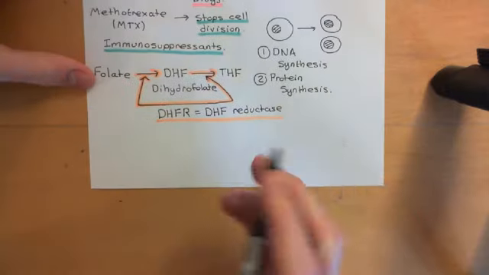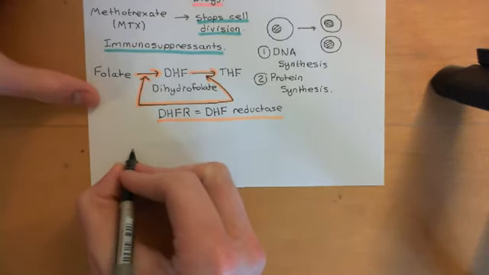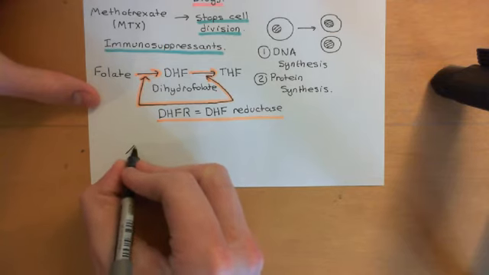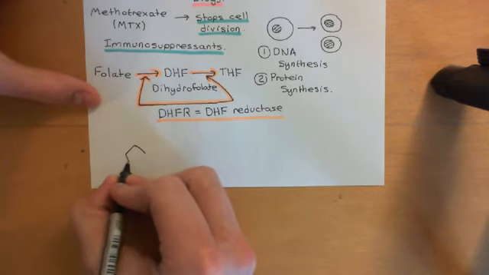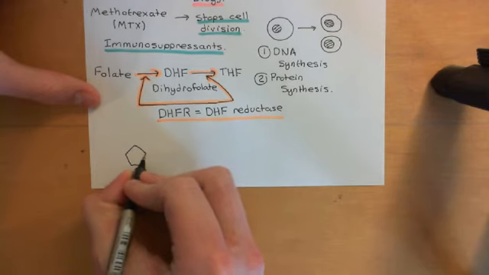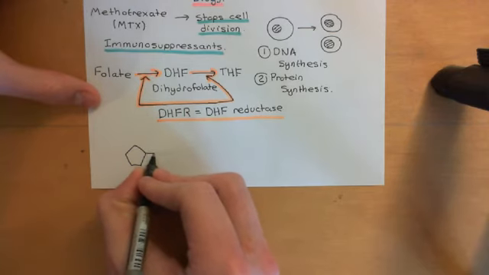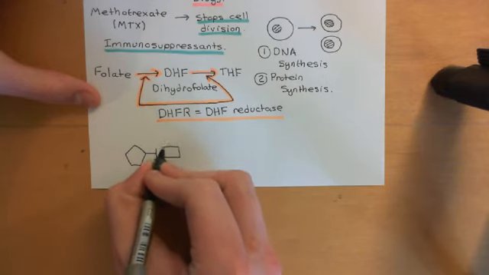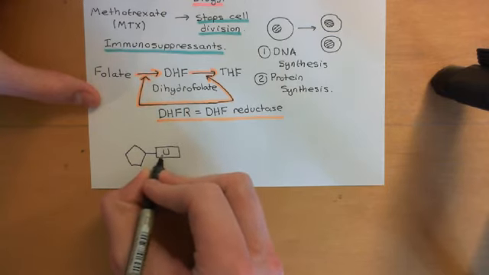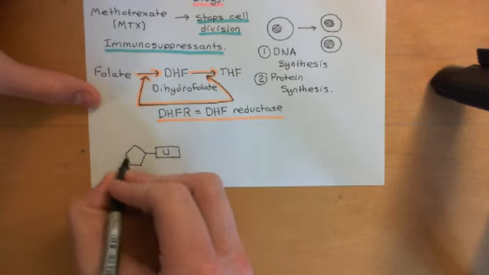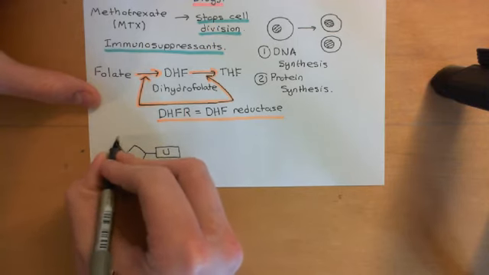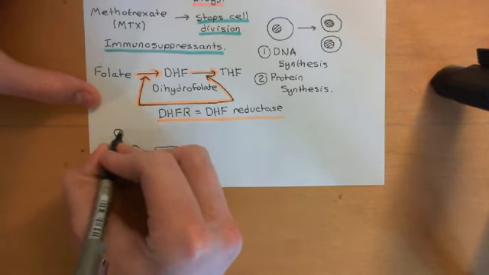So let me draw some pictures for this. Deoxyuridine monophosphate basically just means deoxyribose with a uracil organic base attached to it and then a single phosphate group attached onto that. Here is the uracil organic base, here is the deoxyribose with its fifth carbon coming up here, and here is its phosphate group.